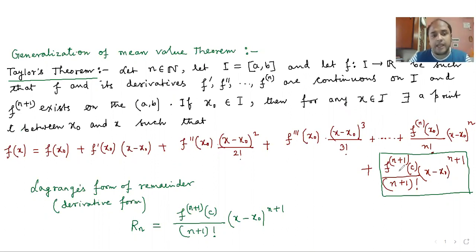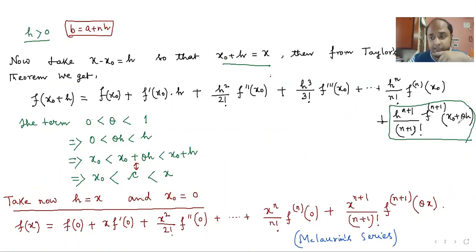Of course C lies between x naught and x, but can I express C in terms of x naught and x, or x naught and h? So that expression has been shown over here. In some books you may come across this point, that C is x naught plus theta h. That is your C. And theta lies between 0 and 1, a real number lying between 0 and 1.